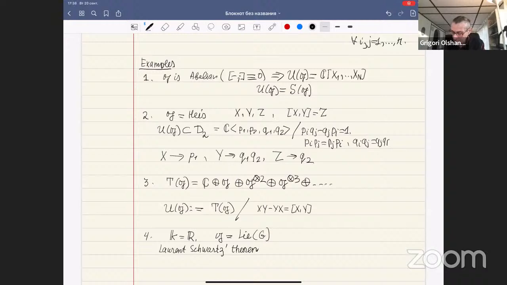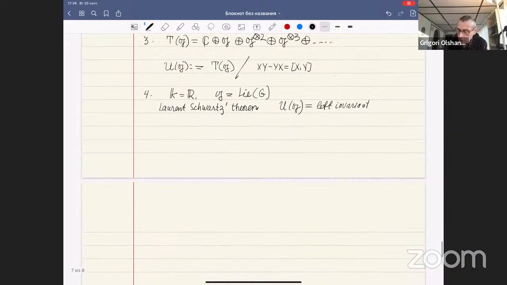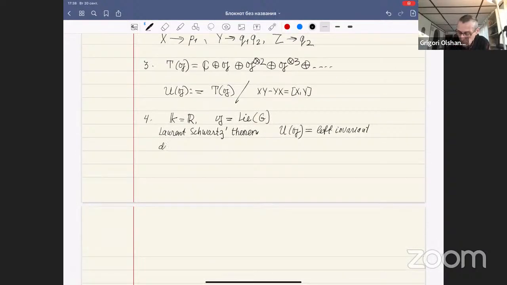It says that the universal enveloping algebra of the Lie algebra of a real Lie group is formed by left invariant differential operators on our Lie group.